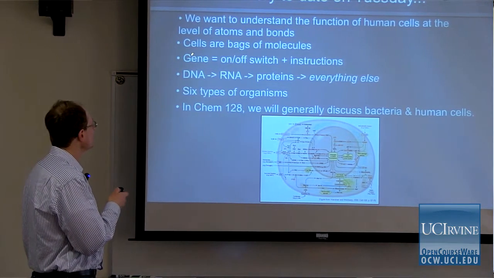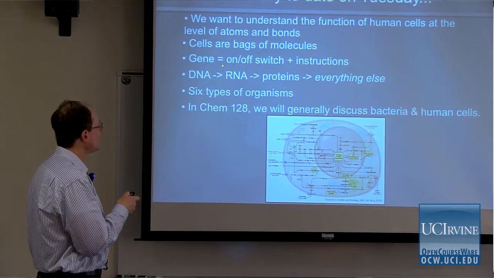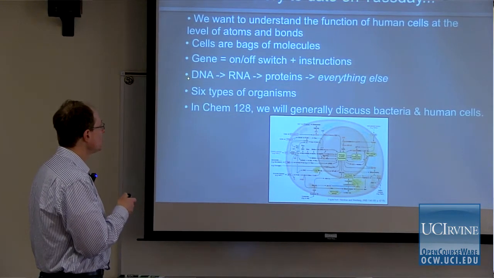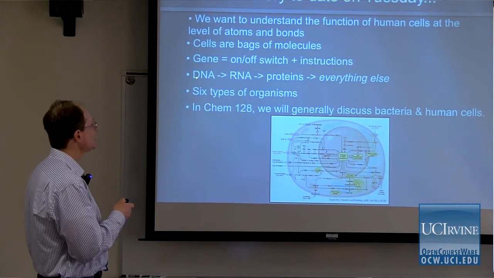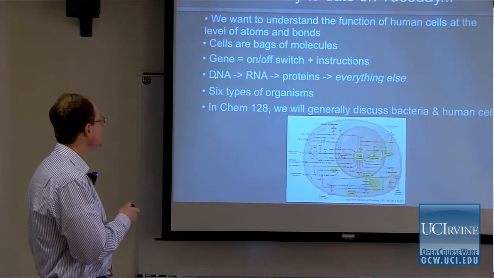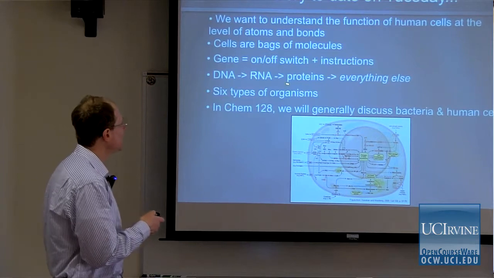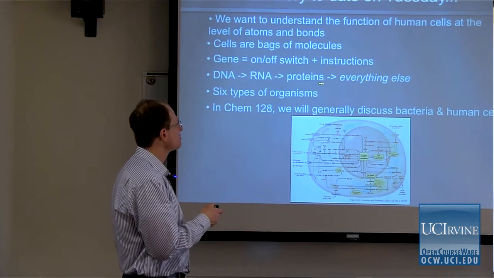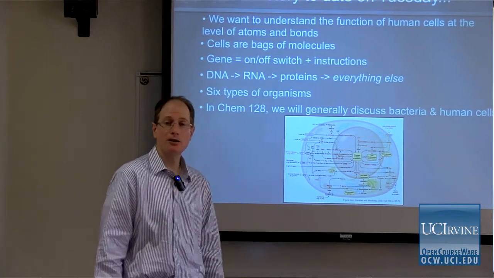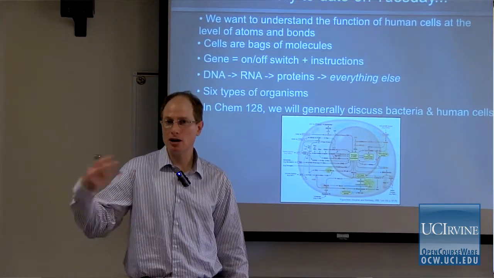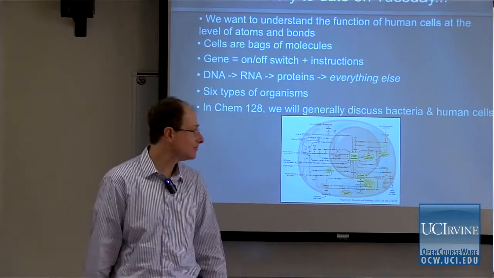First, we talked about the composition of a gene as an on-off switch with instructions. We talked about how molecules are synthesized in the cell using the template of DNA to a messenger RNA, which then is translated into proteins, and then proteins and RNA carry out all the various instructions that are articulated by the DNA.